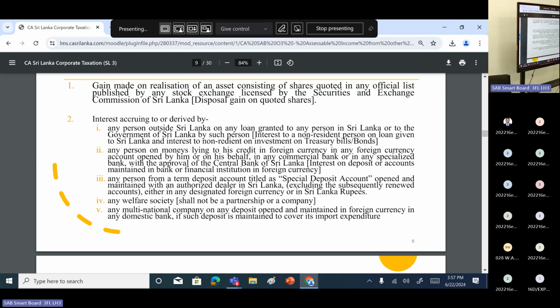So interest to a non-resident person on a loan given to Sri Lanka, and interest to a non-resident on investment in treasury bills and bonds, is also exempt, because treasury bills and bonds are considered a loan given to the Sri Lanka government. There is a ruling given by the Commissioner General that specifically mentions treasury bonds and bills.